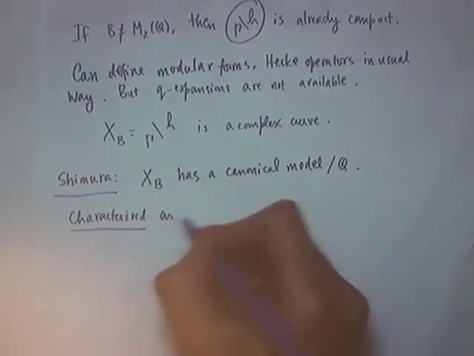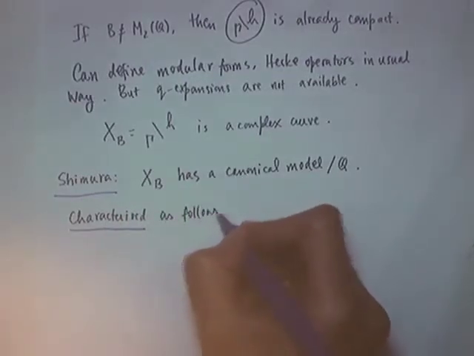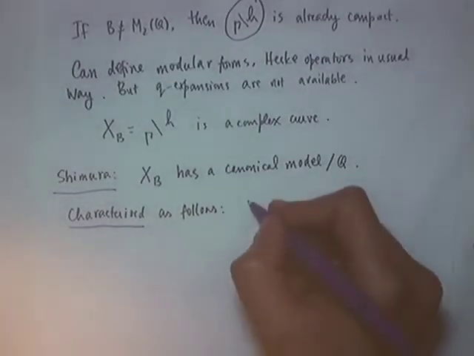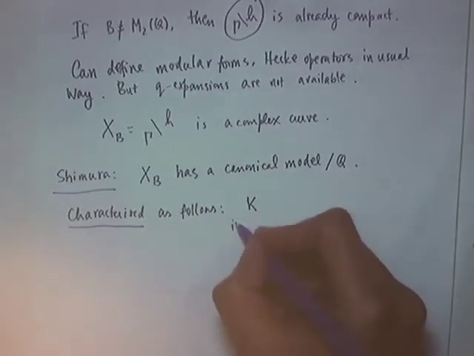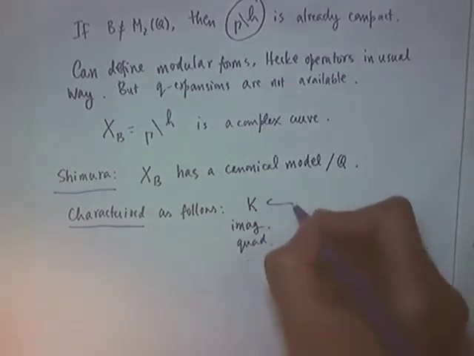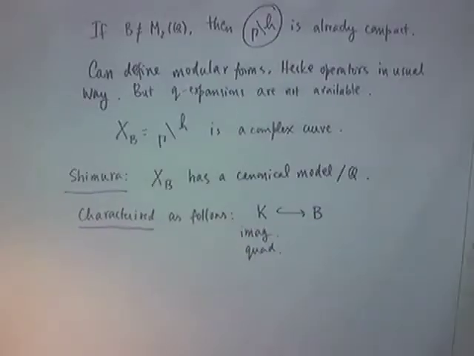You look at embeddings of imaginary quadratic fields, so let K be imaginary quadratic, and you take embeddings of K in B. So look at imaginary quadratic fields that embed in B.